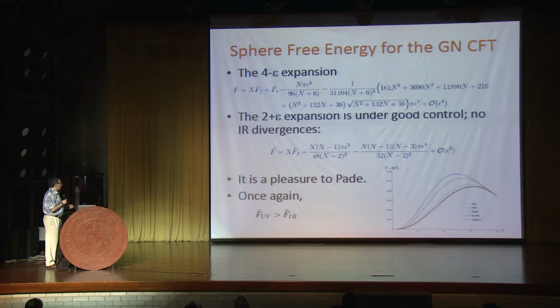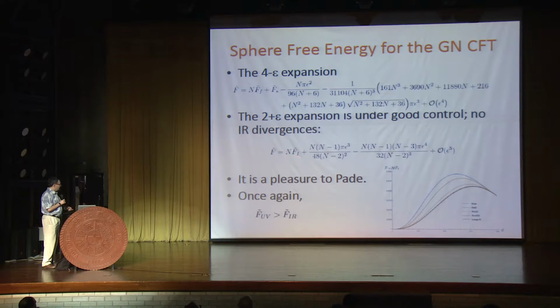Now, what about the Gross-Neveu CFT, which again lives between 2 and 4 dimensions? We repeated this procedure, including curvature counterterms, and got this answer to order epsilon cubed. But now the difference is that in the 2 plus epsilon expansion, you don't have any IR divergences. Everything is under good control, at least up to this order.